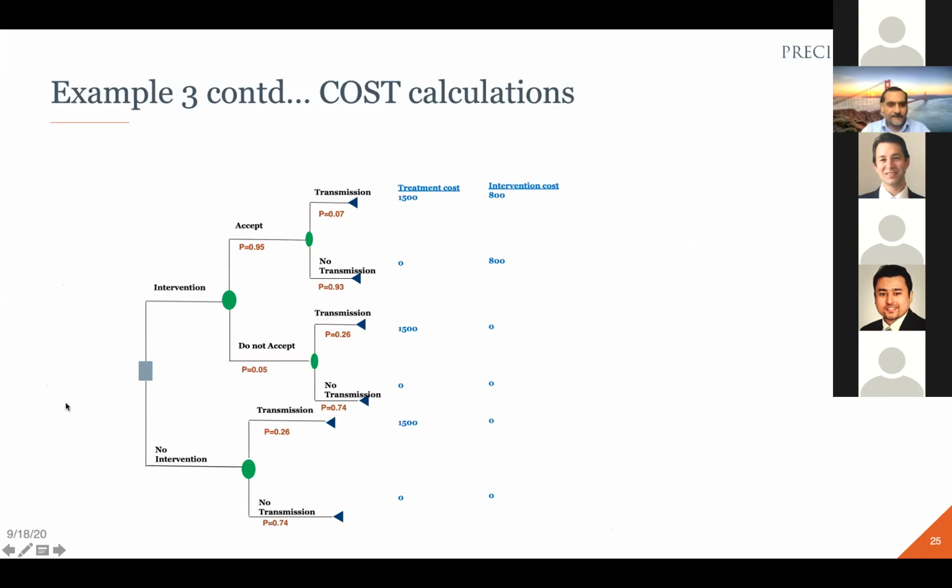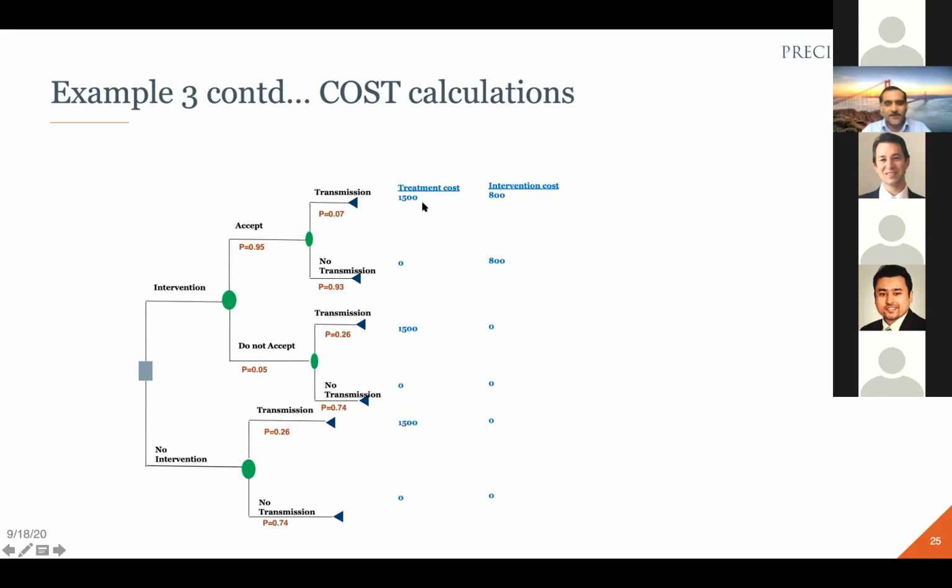So we make a decision tree here, and this is coming from the previous study that I just showed. The cost calculation here: if you do interventions, whether people accept that intervention or not, you can't just force the intervention, so there's acceptance or non-acceptance. And if they accept it, some people get the infection of the disease we are talking about, and some others do not get the disease.